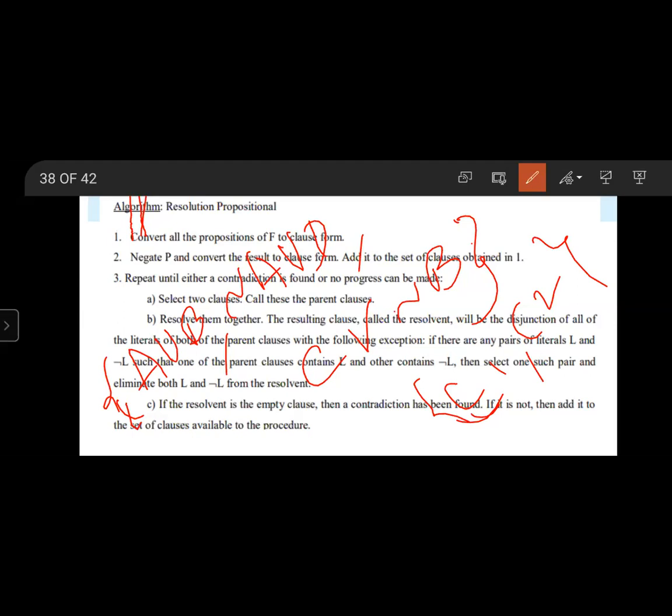Alternatively, using the resolution refutation concept, a clause C is defined to be a logical consequence of S if and only if the set S union not C is unsatisfiable.